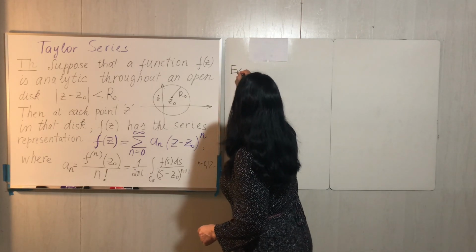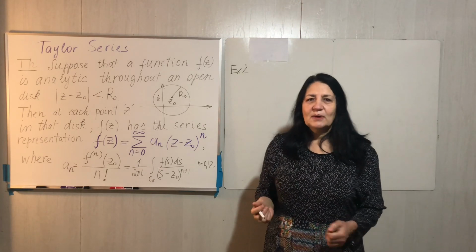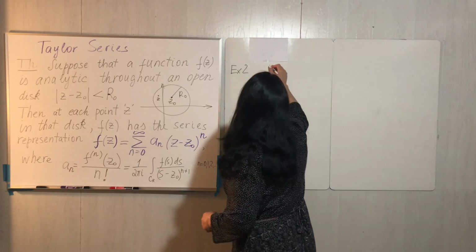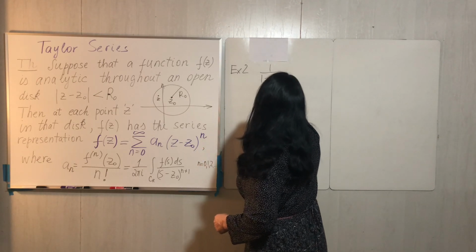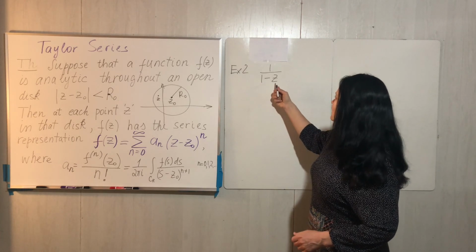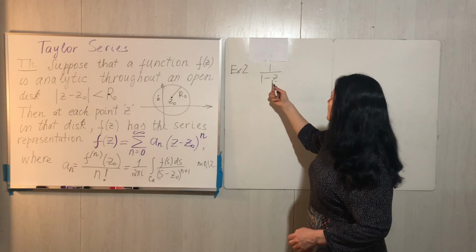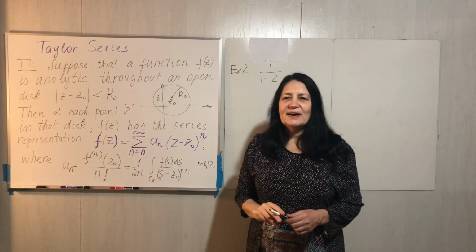So it's example 2. If we want to write a Maclaurin series for the function 1 over 1 minus z, if you look at this function, obviously when z equals 1 the function is not defined, it has singularities.